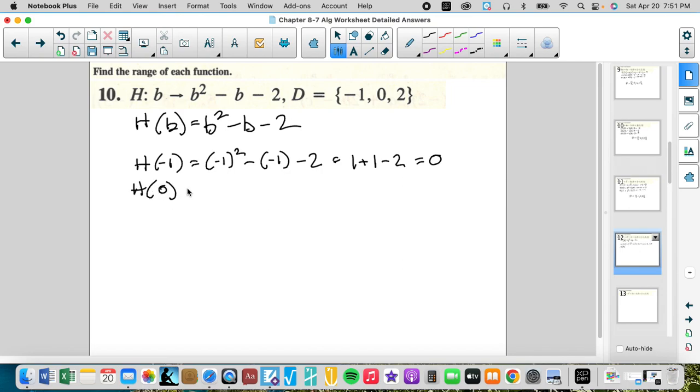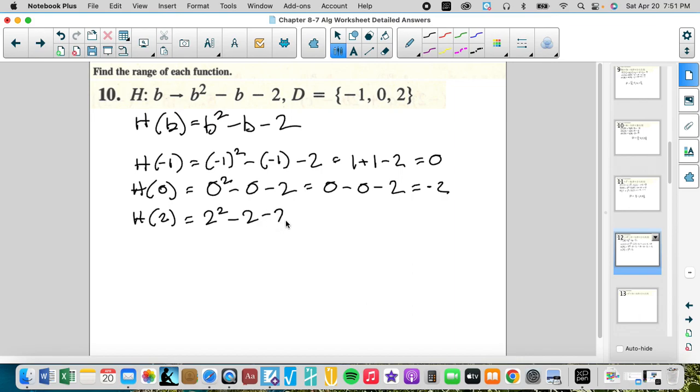H of 0 equals 0 squared minus 0 minus 2, which gives us 0 minus 0 minus 2, which is negative 2. H of 2 equals 2 squared minus 2 minus 2, which is 4 minus 2 minus 2, which equals 0 again.